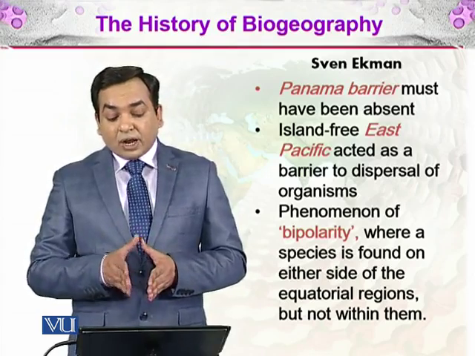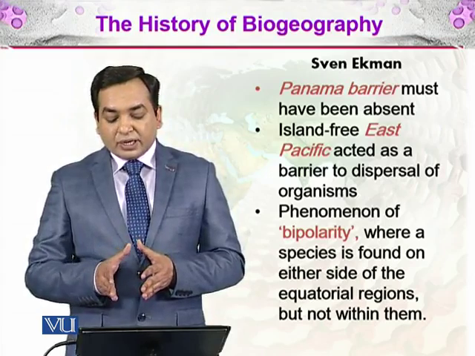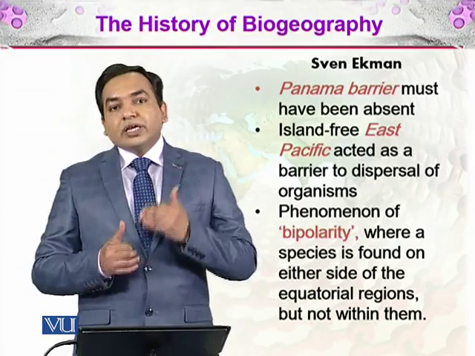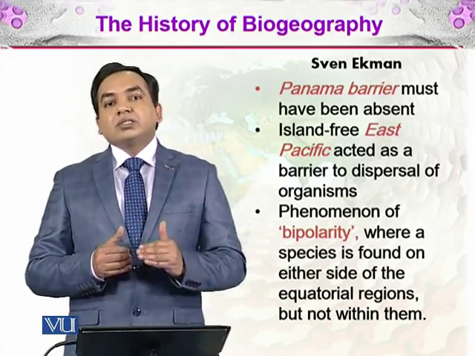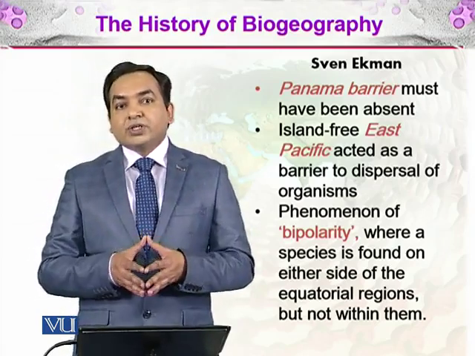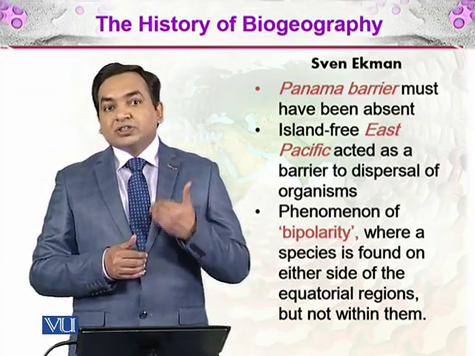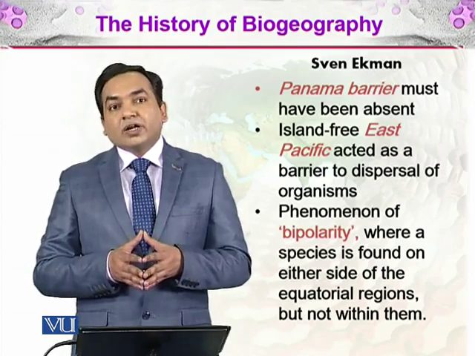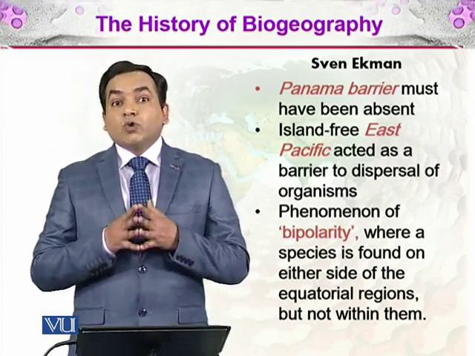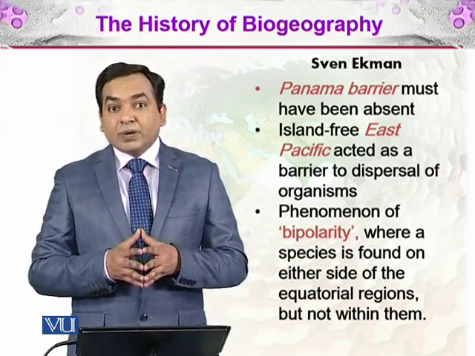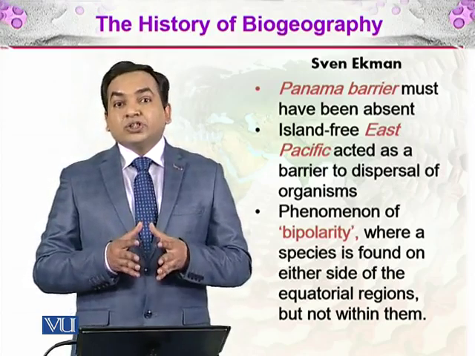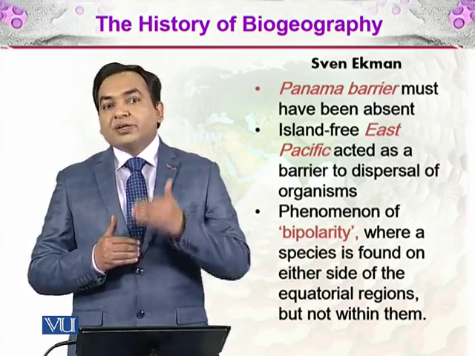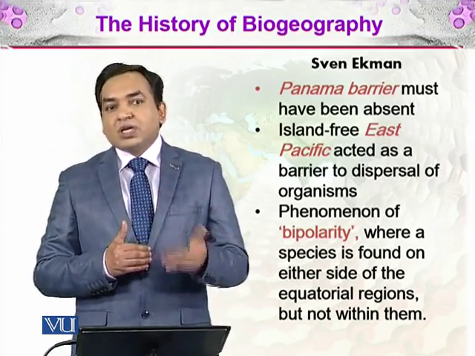He also said that the island-free East Pacific acted as a barrier to the dispersal of organisms. The East Pacific is the ocean alongside the western shores of North America and South America, and it is devoid of any archipelagos or major islands. If an organism has to travel, it may need some pit stops along the way.